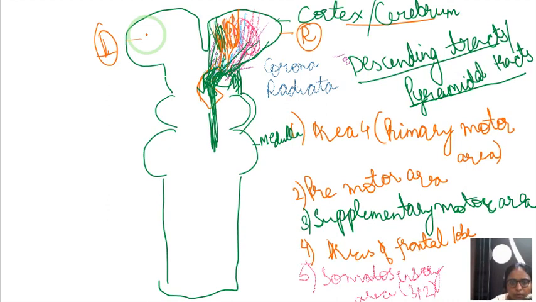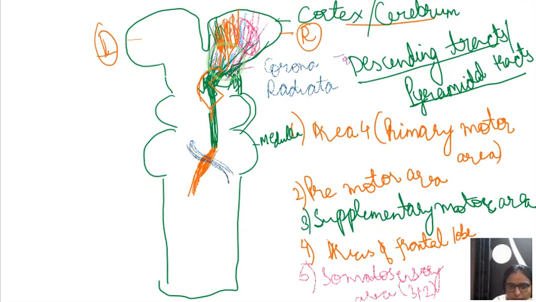So I have told you that in the lower part of the upper medulla, your fibers get crossed. So from here it is getting crossed, means your right side bundle which is descending downwards now takes a turn towards your left side. And in the same way, the fibers on the left side cross to your right side.